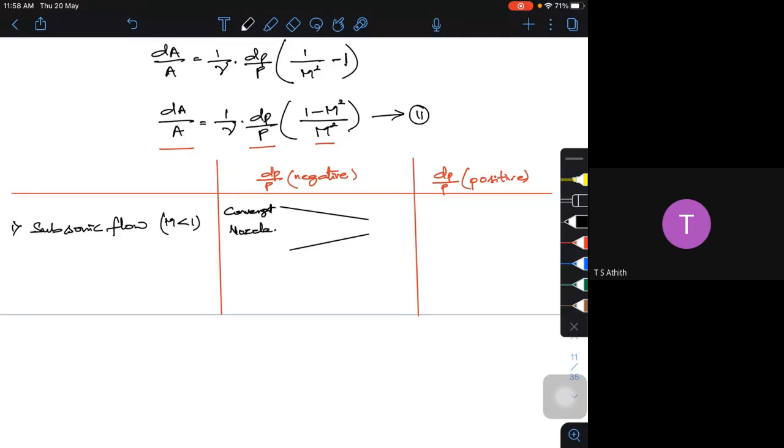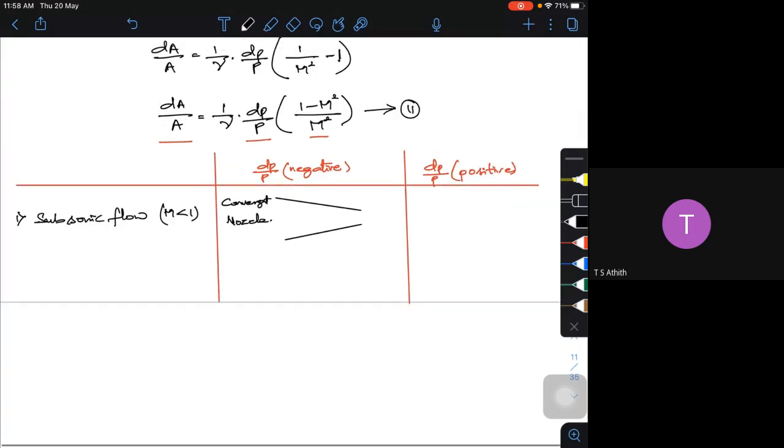So if it is a supersonic flow, what will happen? The second condition, if it is a supersonic flow with M greater than 1, this will exactly become a divergent portion. That's why we see the CD nozzles find a lot of application in supersonic and hypersonic flows.